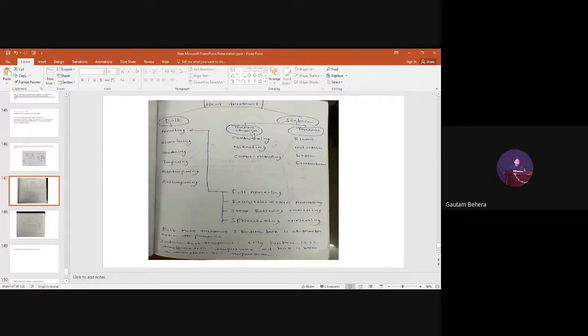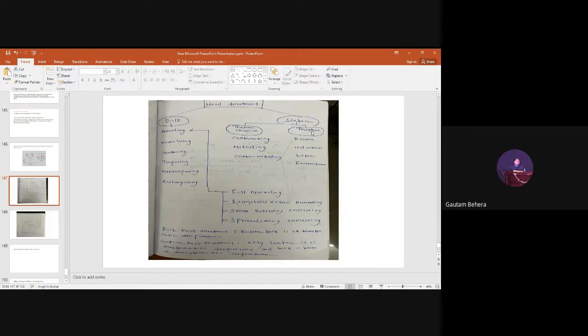But in thermochemical, we have heat as well as chemicals. It may be carbon, nitrogen, or a combination of carbon and nitrogen atmosphere around it. So it can be classified into carburizing, nitriding, and carbonitriding. In carburizing, carbon is involved; in nitriding, nitrogen; in carbonitriding, both carbon and nitrogen.